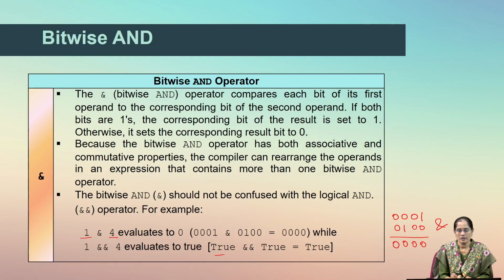In the same way, if the logical operator is applied between 1 and 4, it results in the Boolean operation true double ampersand true, that is logical AND, which results in the value true, which is not the same as we get with the bitwise operation.